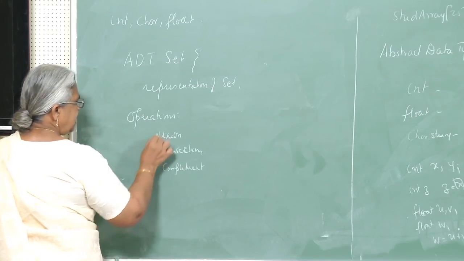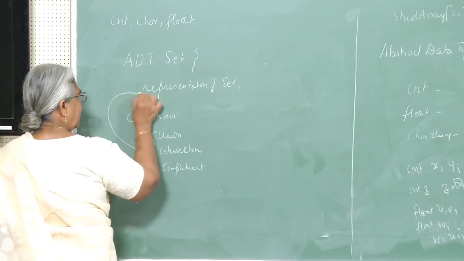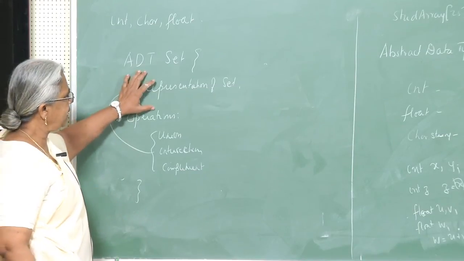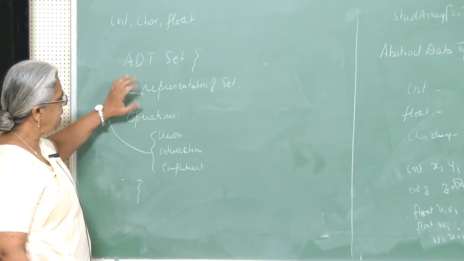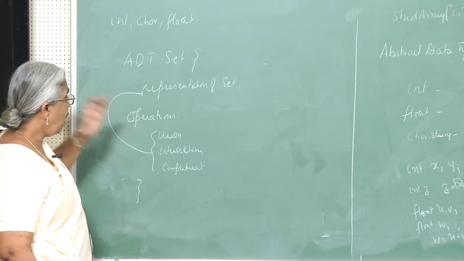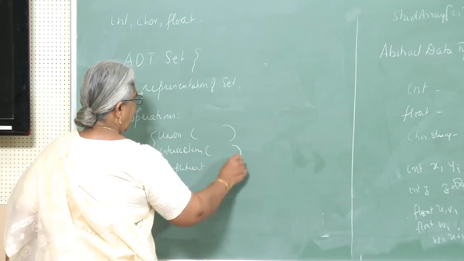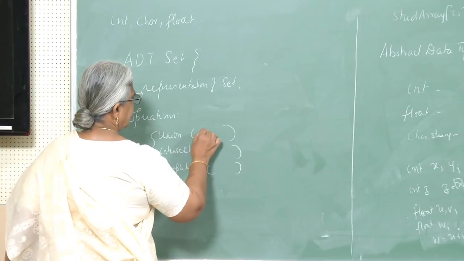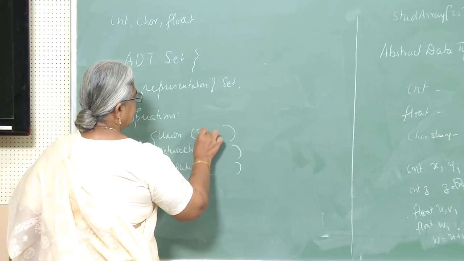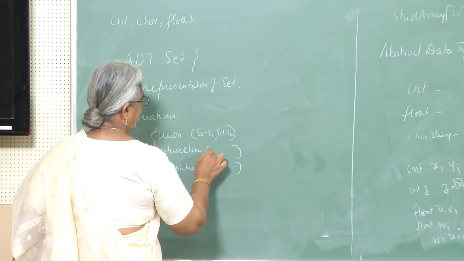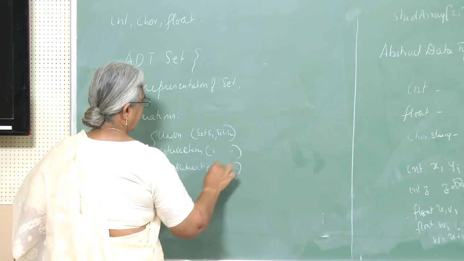So these operations operate on this data, and what we normally do is the representation of the data is completely hidden from the user. The operations are known, and these operations can take arguments. What arguments do these operations take? For example, union takes as argument set S1 and set S2, and intersection takes the same arguments.